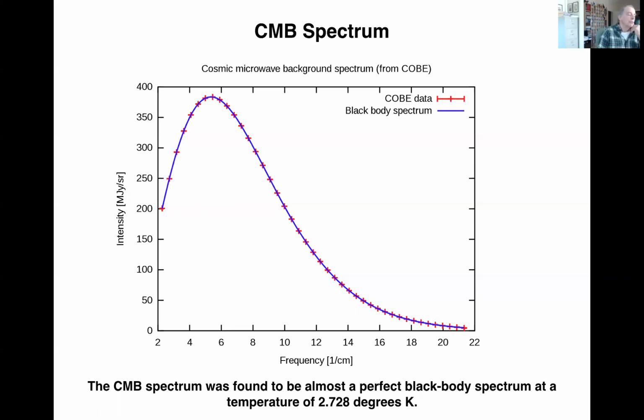As the universe expands and the wavelengths get redshifted, the black body nature of the spectrum doesn't change. It retains its black body character, although characterized by a lower and lower temperature.